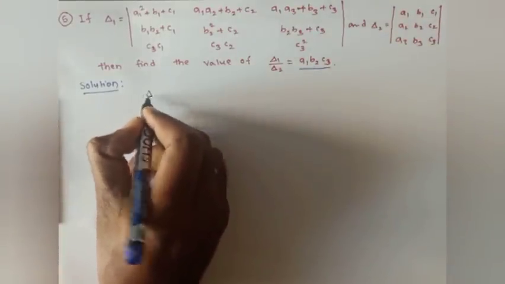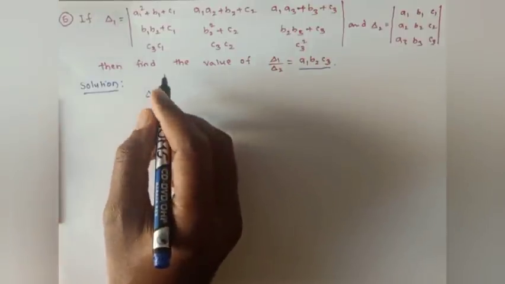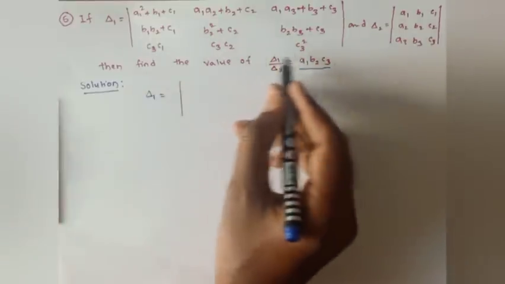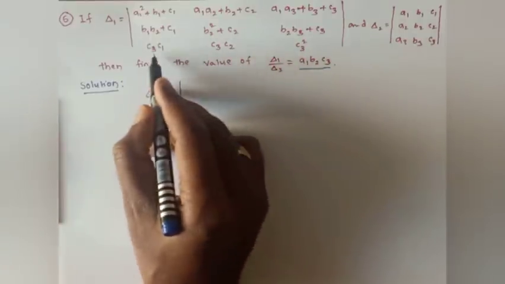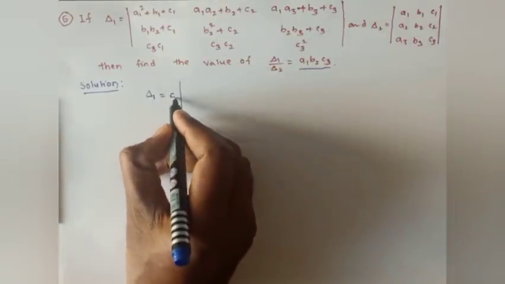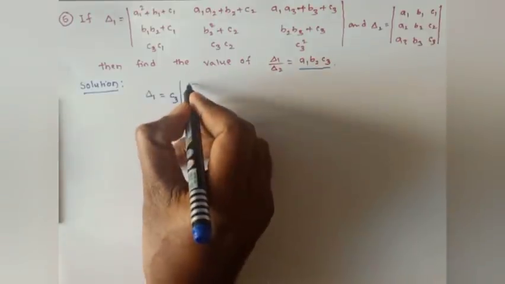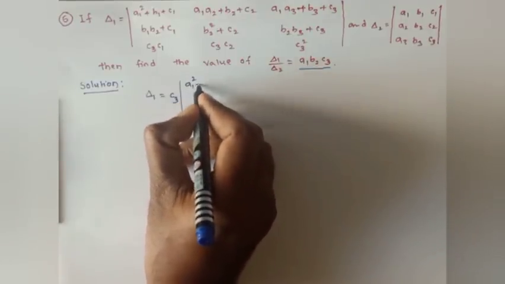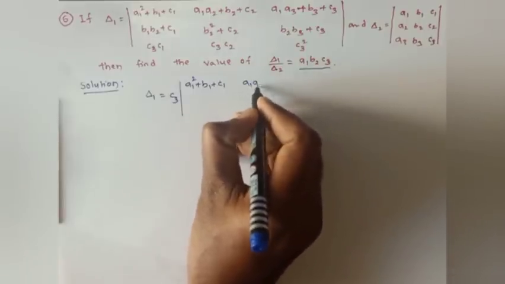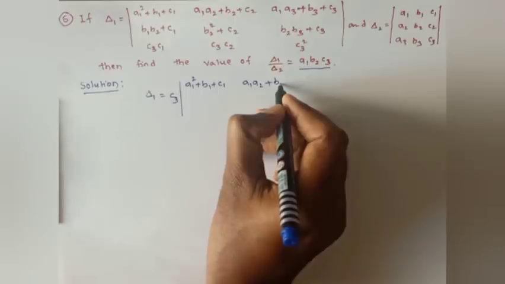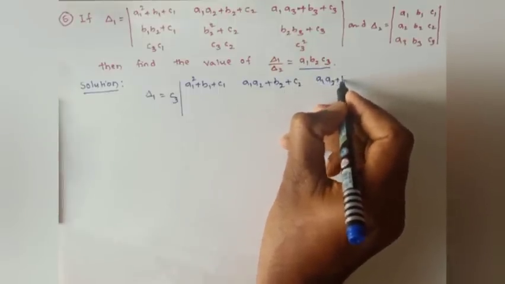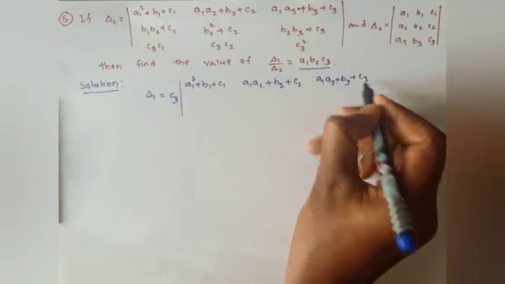Now here the delta 1 is equal to this one. See, observe the third row. The third row contains C3 C1, C3 C2 and C3 square, means C3 is common. So C3 is common from the third row. Now the remaining part is the same: A1 square plus B1 plus C1, it is A1 A2 plus B2 plus C2, it is A1 A3 plus B3 plus C3.